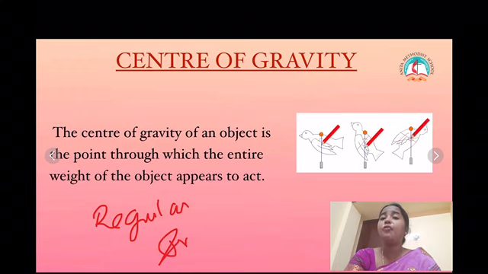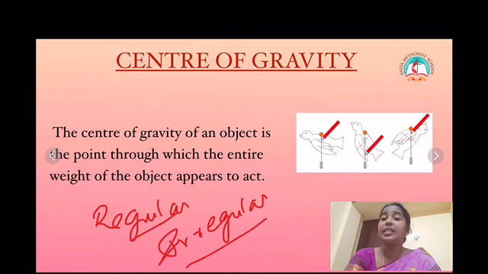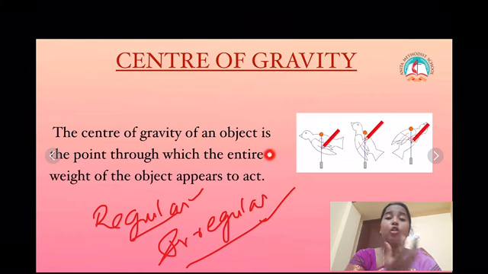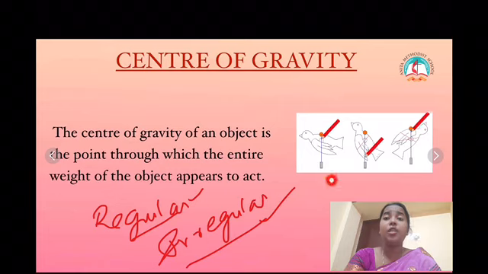In regular shapes, we have seen geometrical shapes like cardboard, triangle, disc, ring, so that we can easily identify the center of gravity. In irregular shapes, we have used lamina, pendulum bob, string. So center of gravity means what? A point from which the weight of a body may be considered to act. That is what we call center of gravity.